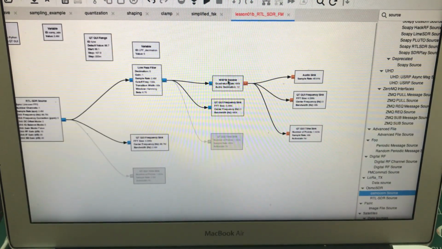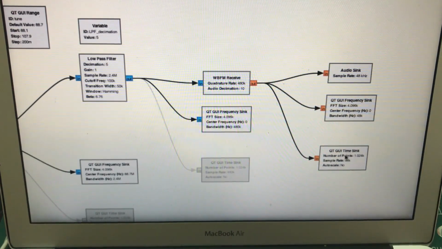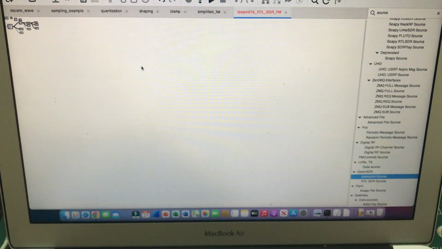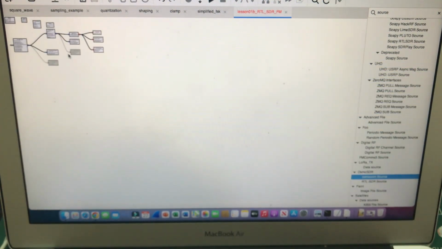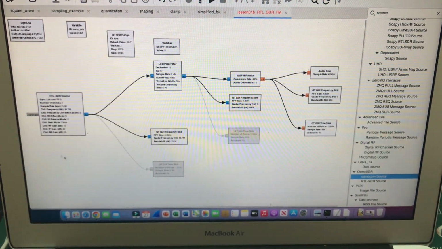And then after your WBFM receiver, wideband FM receiver, you are seeing output as audio, in terms of a frequency sink, and in terms of a GUI sink, time sink. So we're going to quickly look at that as well.